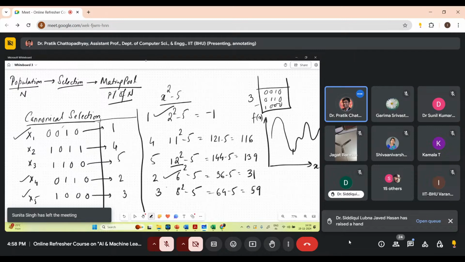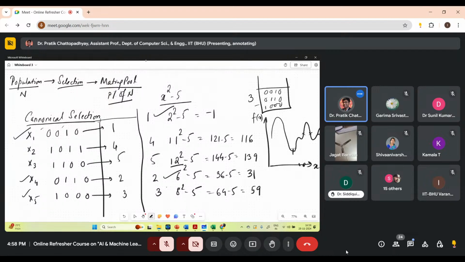If I am generating these values randomly, initially 0 and 1, suppose I have not got any solution around this region. I have generated all these values of x, but nothing near the actual optimum solution. What can happen is, if I take the best 3 here, I will get some solution near the local optima, not the actual global optima.